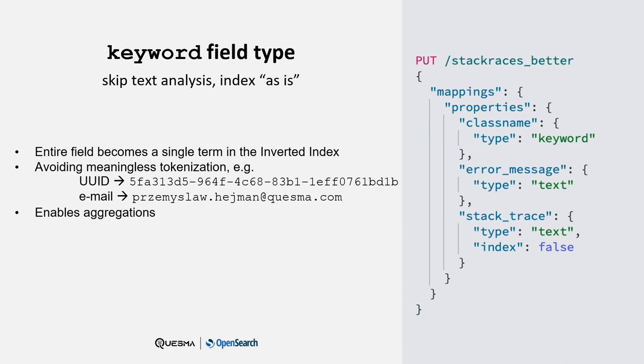If you think of any structured data, like, for instance, zip codes or IDs or emails, this can even be harmed by very meaningless tokenization. So it may just not make much sense to actually use a full text field for things like that.